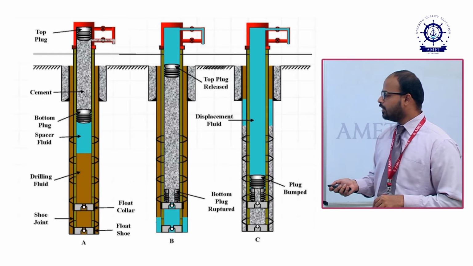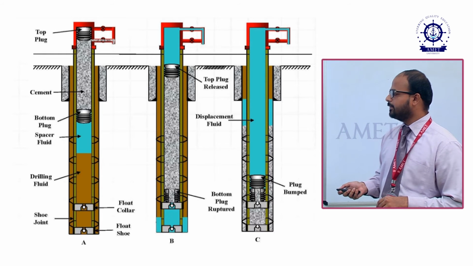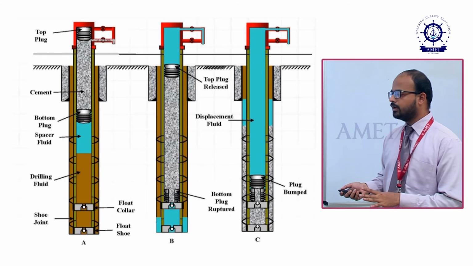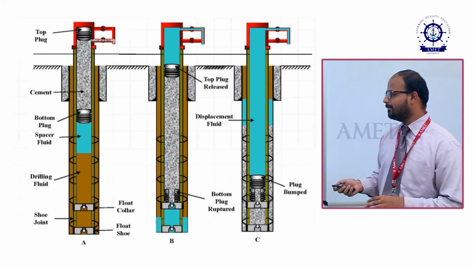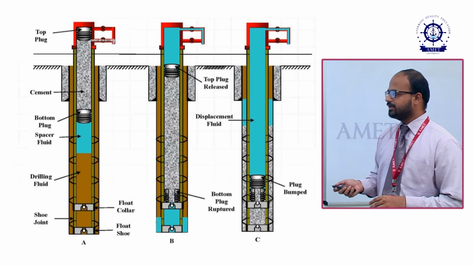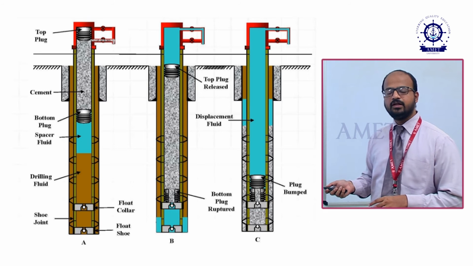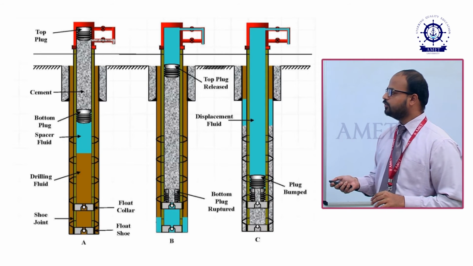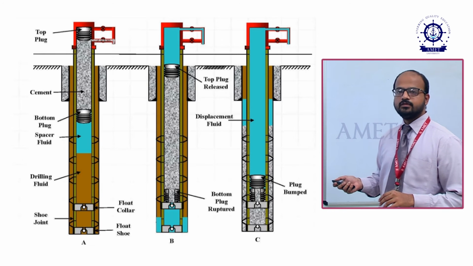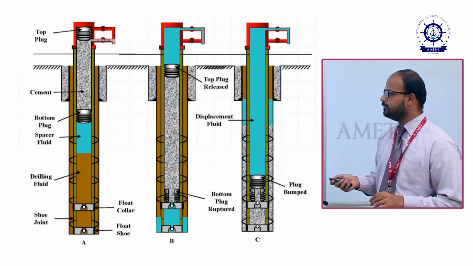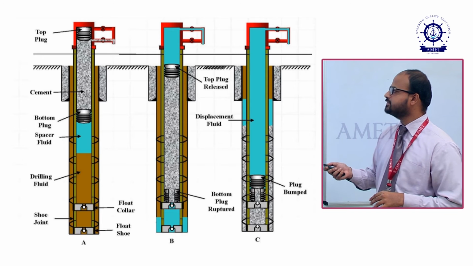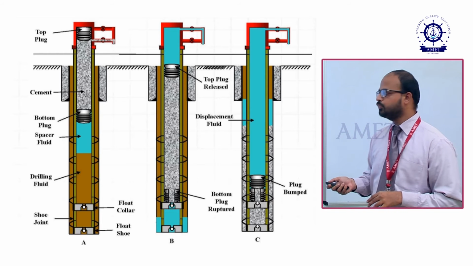You can see all the brown color, this brown color is completely drilling fluid. This drilling fluid will help to completely disperse whatever mud cake was already created by the same drilling fluid used in the drilling process. Okay, fine. Then we have to pump the spacer fluid. This spacer fluid will help to completely separate the drilling fluid from the cementing. Further that we are going to do.